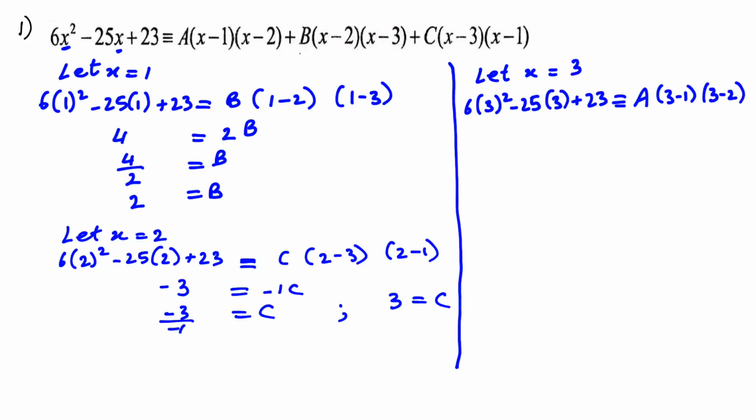So b will get cancelled. 3 minus 3 is 0. Therefore c will get cancelled. When you put this in the calculator, you will get 2. And this will give us 2. 2 divided by 2 is our a. Therefore 1 is equal to a. We found our a, b and c. Moving on to the next question.